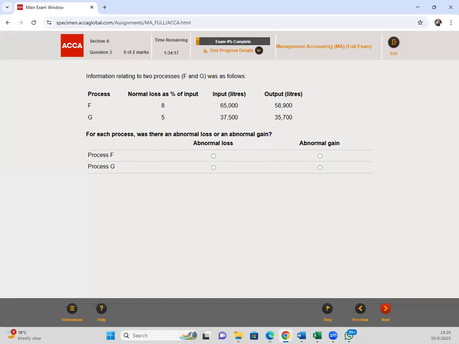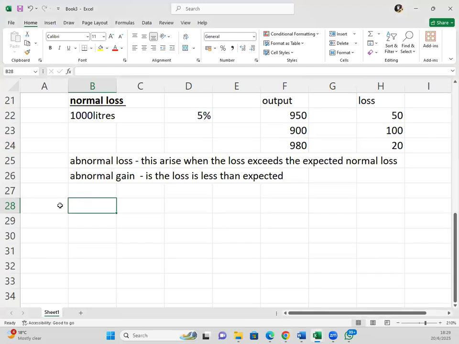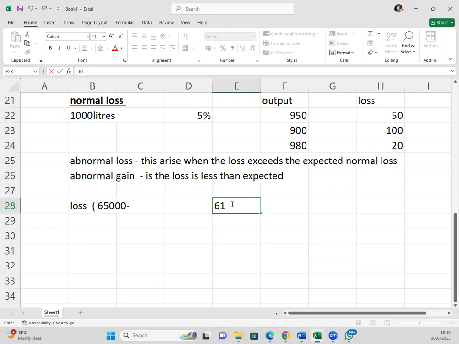What's the loss in the first case? Okay, could I say 6.1? Is 6.1 the final answer? All right, that's the actual loss.